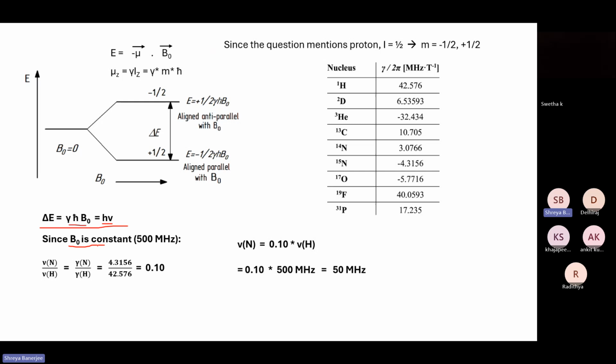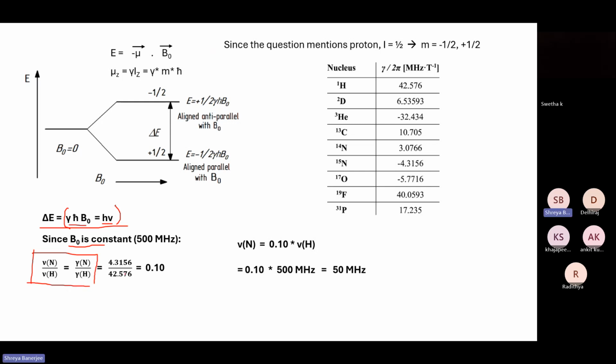So you will have nu nitrogen by nu hydrogen is gamma nitrogen by gamma hydrogen. You will get this relation.